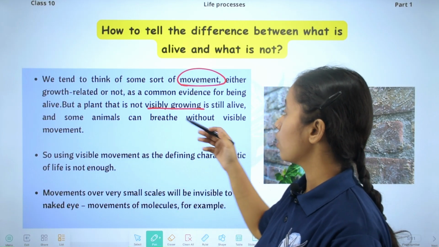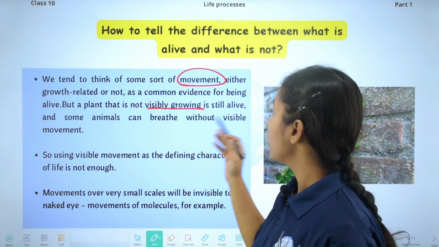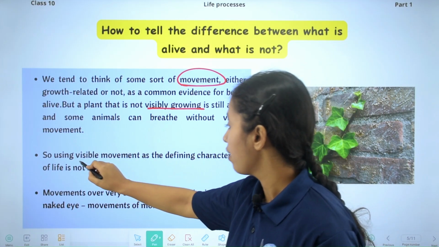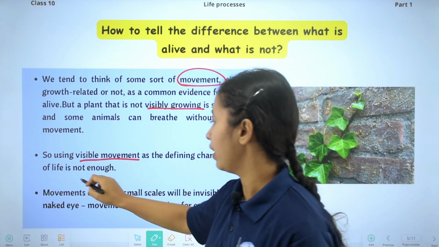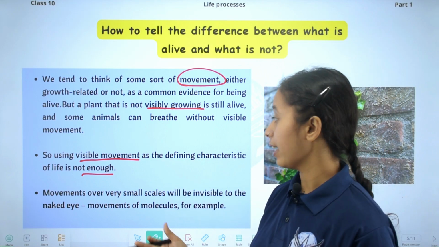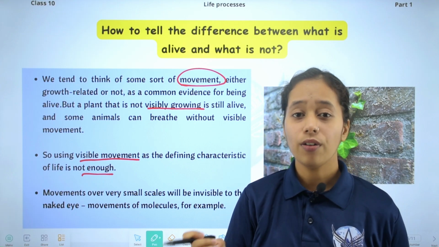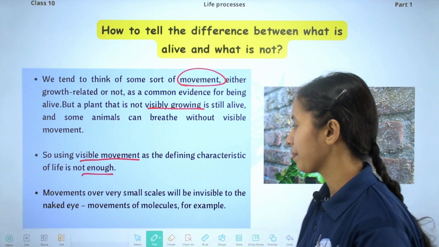A plant that is not visibly growing is still alive, and some animals can breathe without visible movement. So, using visible movement as the defining characteristic of life is not enough. We cannot take visible movement to be the ultimate evidence of being alive.